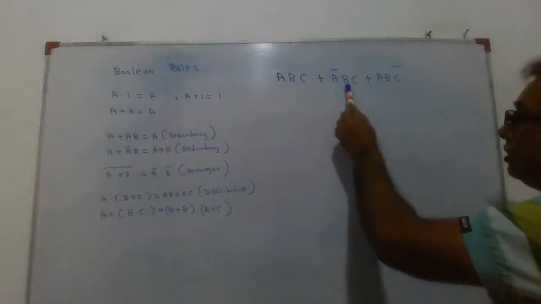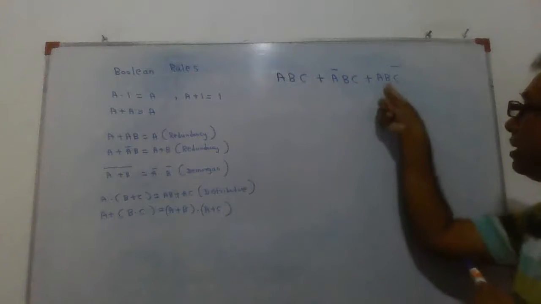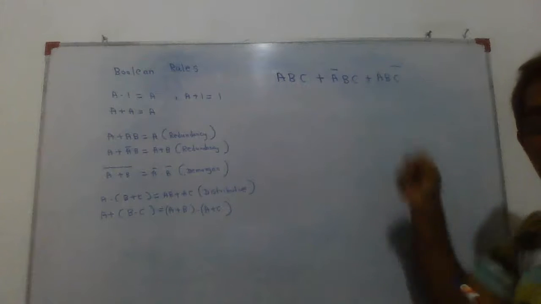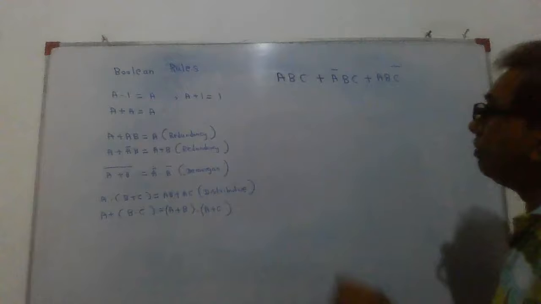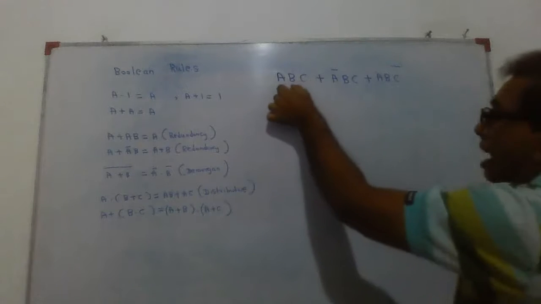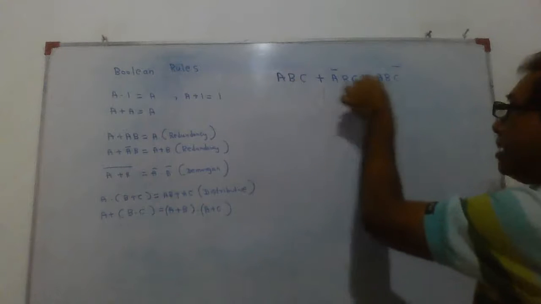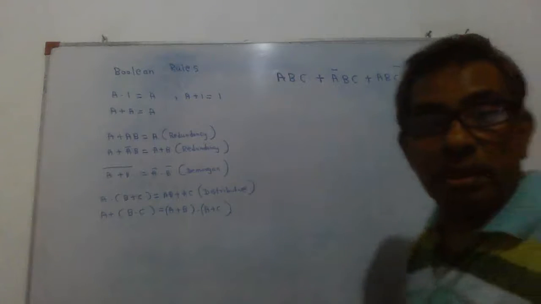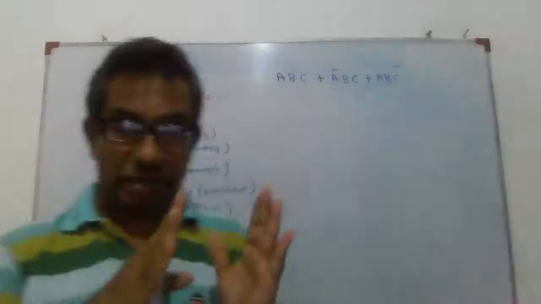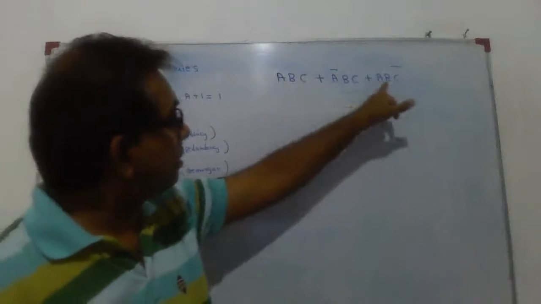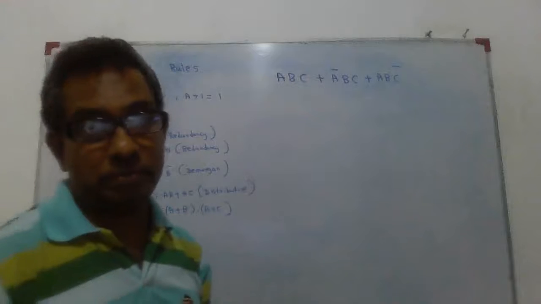Here we cannot see A and B, but here we can see A and B, C and C bar. So what we can do, we can take A and B. A and B is common for both statements. So then what you can do, you can take A and B out.